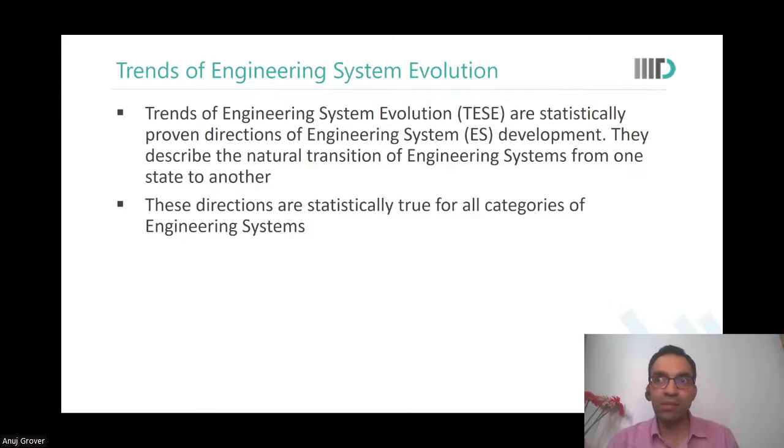Many times you will see that many solutions would coexist. Many like an engineering system would coexist in multiple stages of evolution simultaneously because of market needs, because of customer requirements. We will discuss about that also.